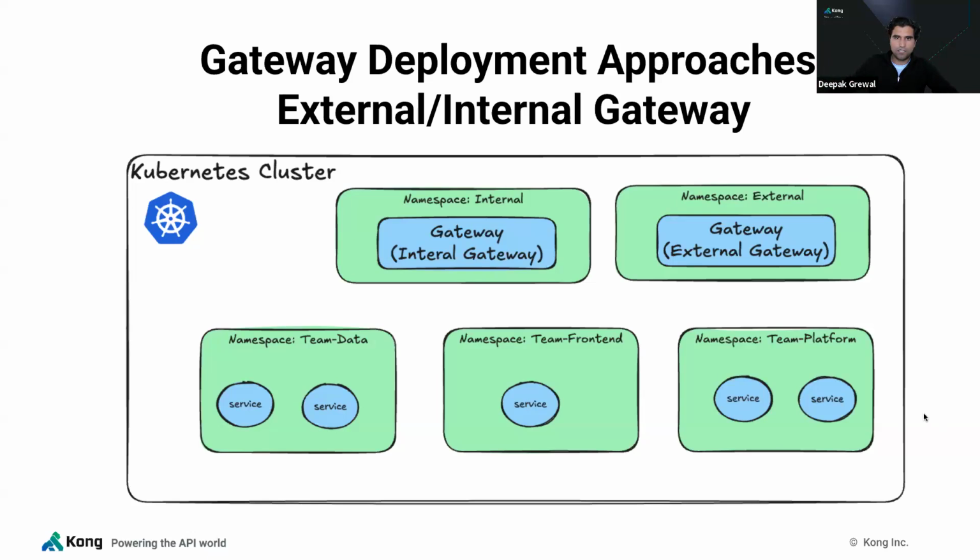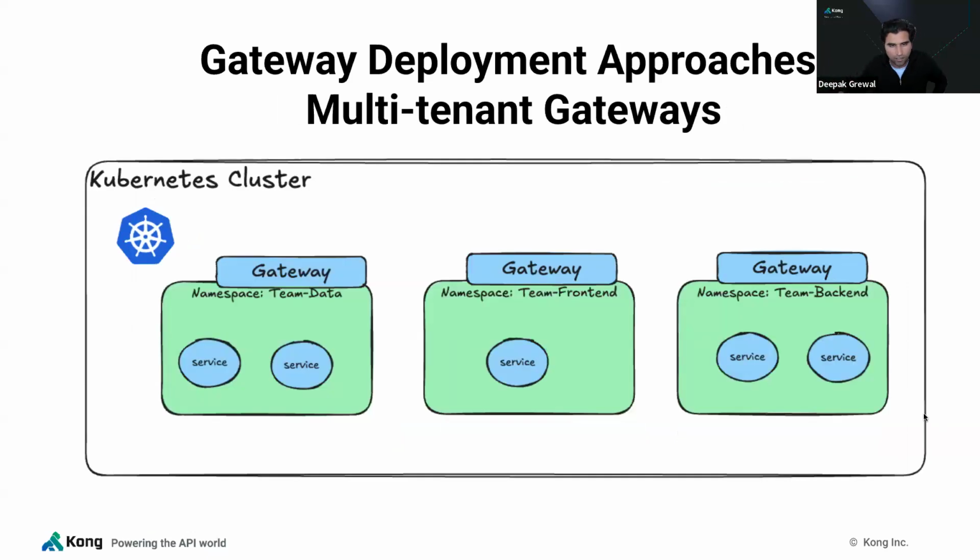And again, they might be listening to different namespaces when you are creating these routes. But another structure is where you let the individual teams manage their own gateways. So we take the same architecture where you have a team data, team front end, and a team back end, and you let the teams instantiate their own gateways so that they're completely isolated.